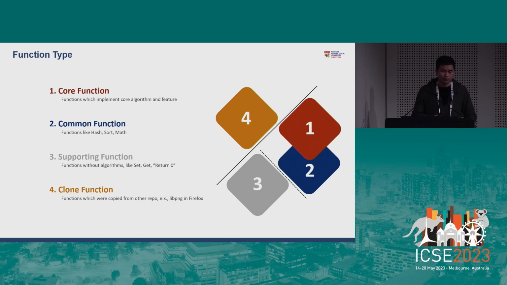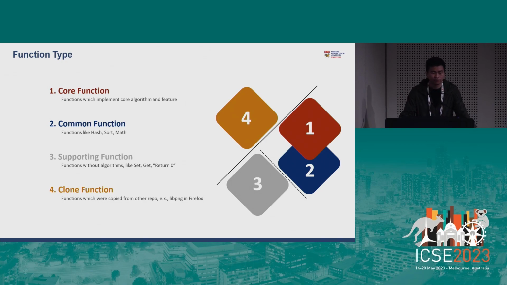For the third type, supporting functions, the main difference is that they do not contain any logic. As in the previous example, functions like return 0, and all those setters and getters we usually write, do not contain algorithm or logic. They are very simple. They are not unique or significant to any library. The remaining 2 types are the core function and common function.